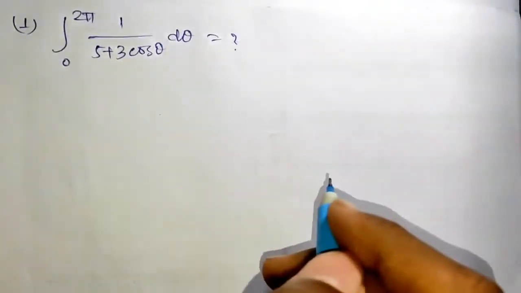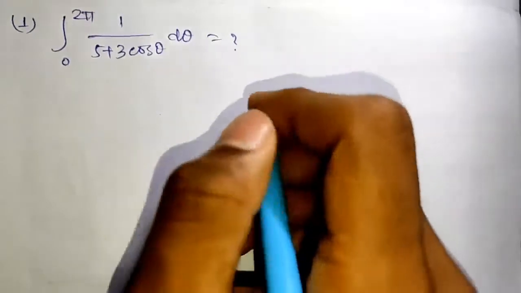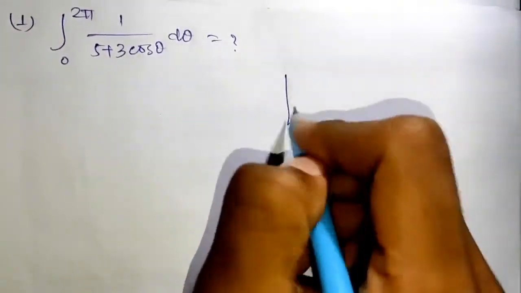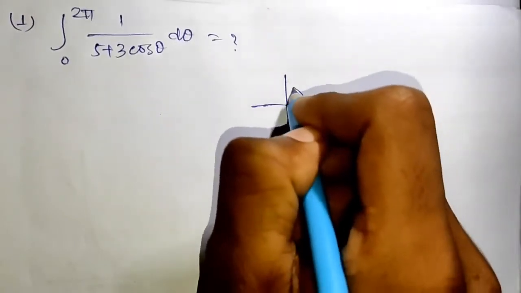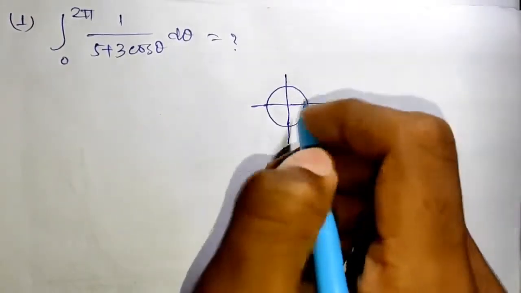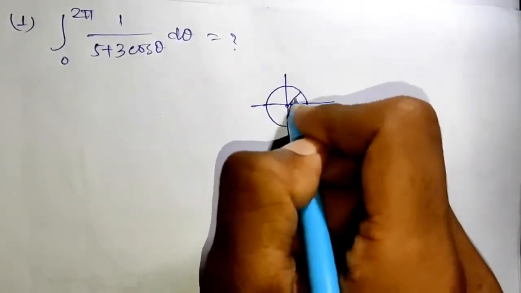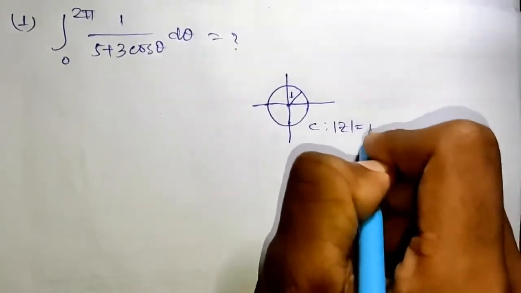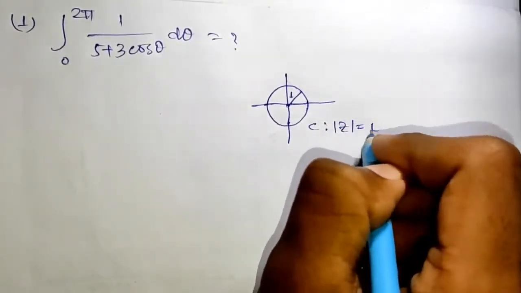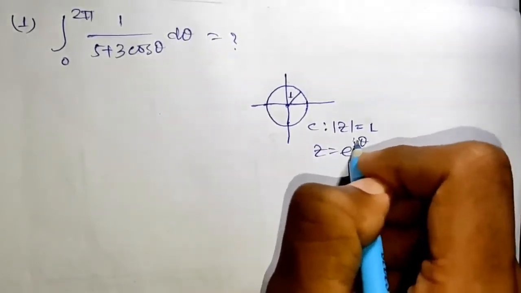According to the method I discussed previously, we take a closed contour C, which is a unit circle whose center is at (0,0) and whose radius is 1. So |z| = 1, and z is e to the power iθ.